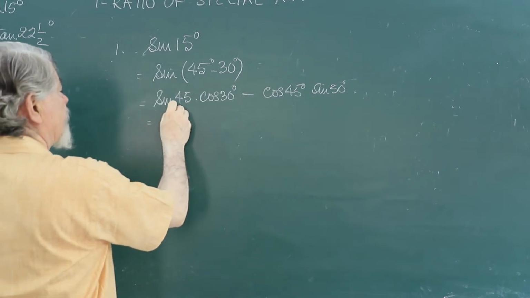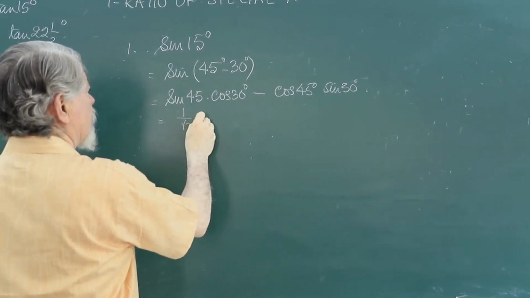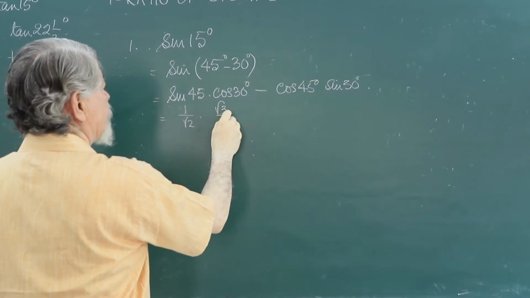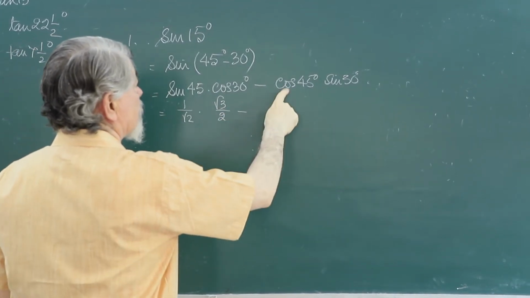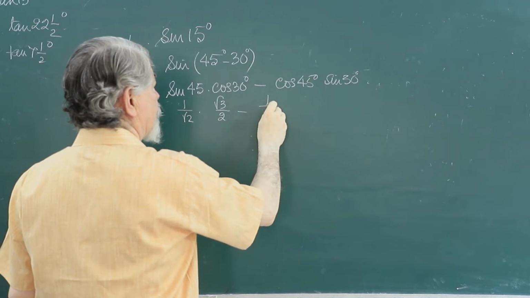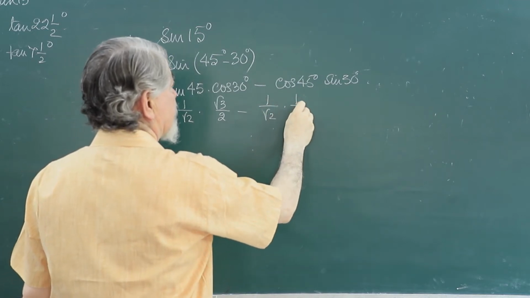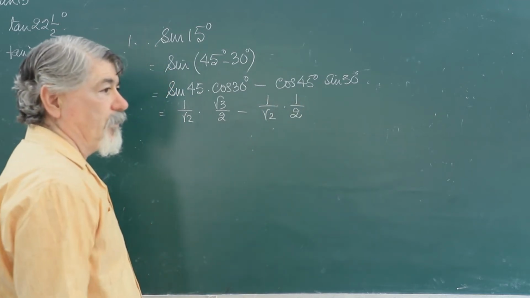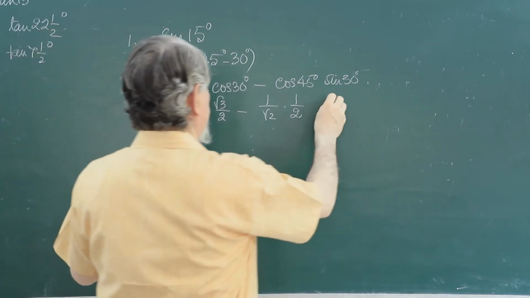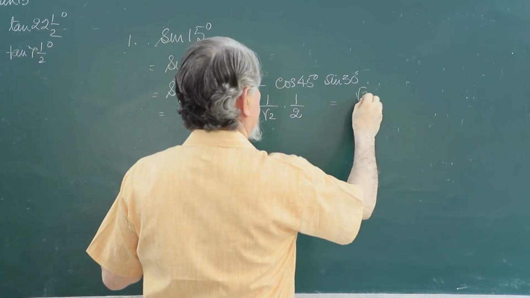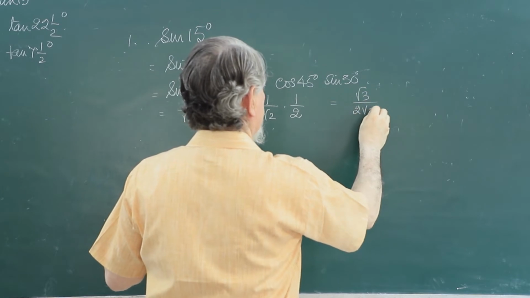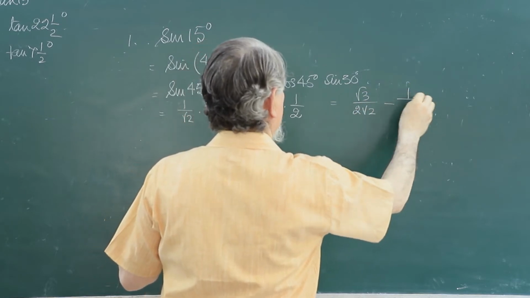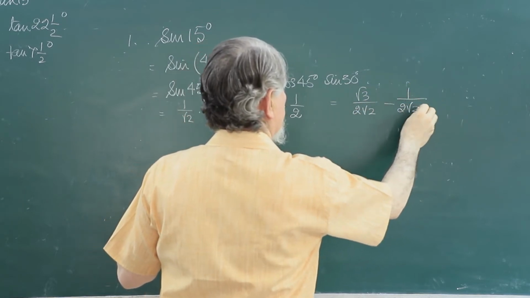Sine 45 is 1 by root 2, cos 30 is root 3 by 2, minus cos 45 is 1 by root 2, and sine 30 is 1 upon 2. So it will become root 3 upon 2 root 2 minus 1 upon 2 root 2.